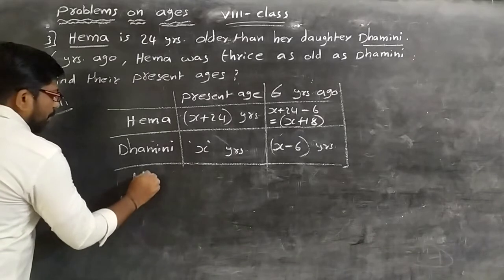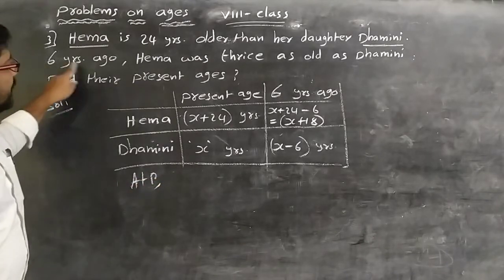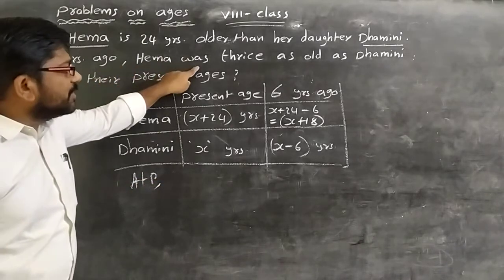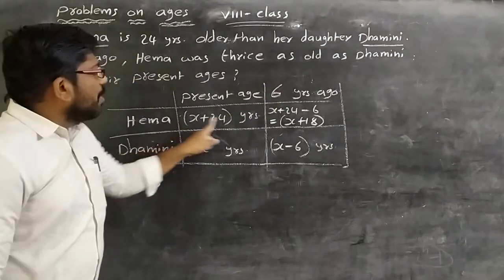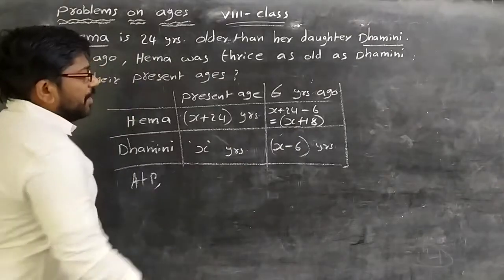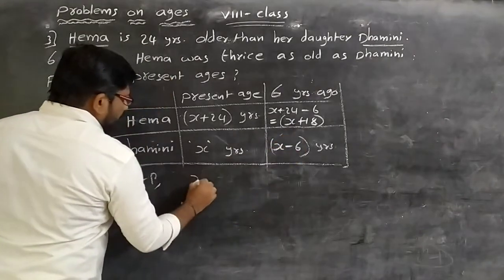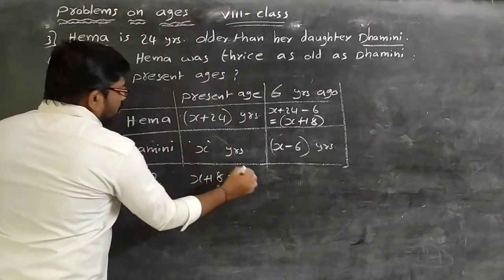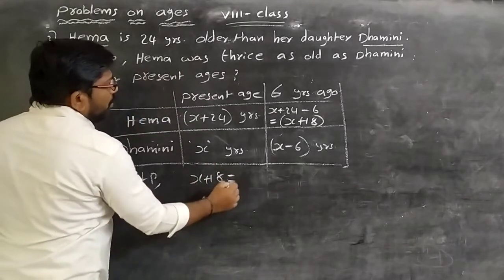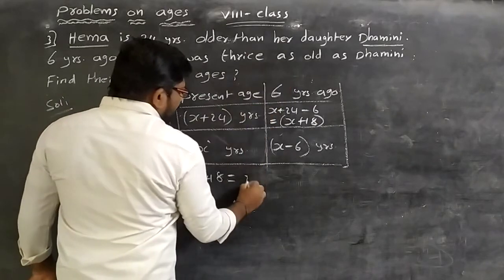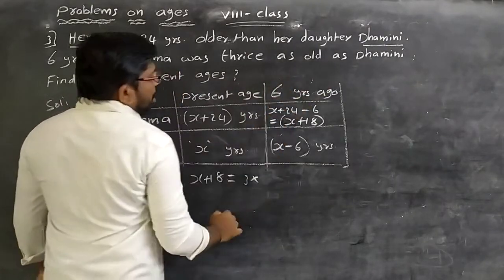So according to the problem, 6 years ago Hema's age is x plus 18. x plus 18 is equal to, 6 years ago Hema was thrice, 3 times, as old as Damini.